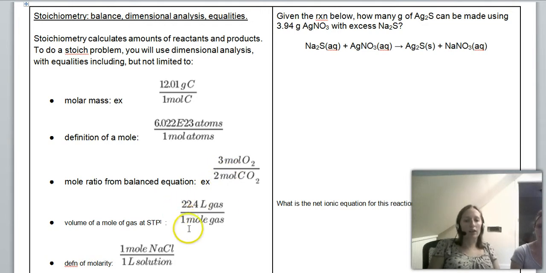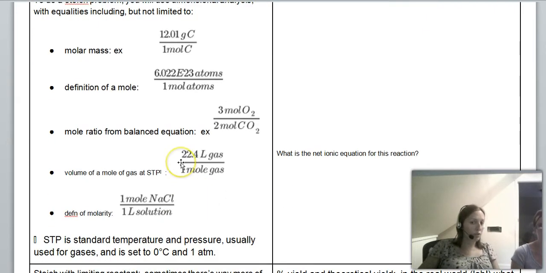Another equality that we've encountered before is the volume of a single mole of gas at standard temperature and pressure. It's important to remember what standard temperature and pressure is, because if the temperature is different or if the pressure is different, this is not true, and they have to be true. So standard temperature and pressure is 0 degrees Celsius, also known as 273 degrees Kelvin, and 1 atmosphere.